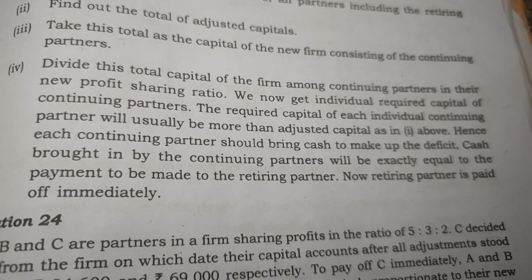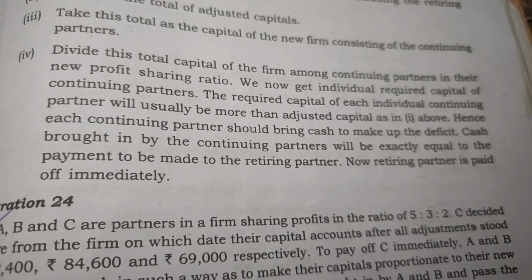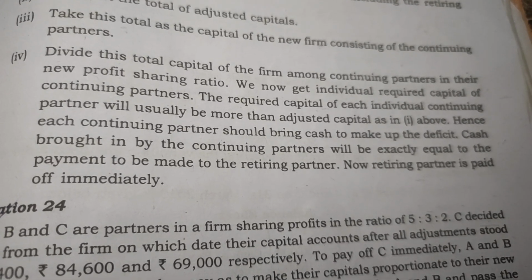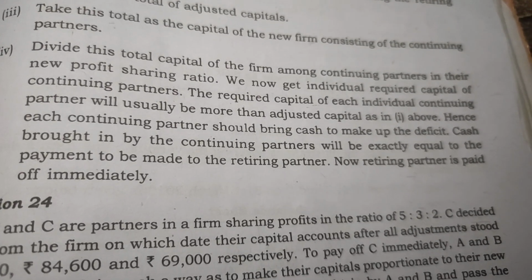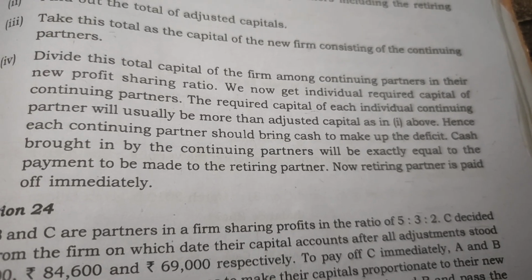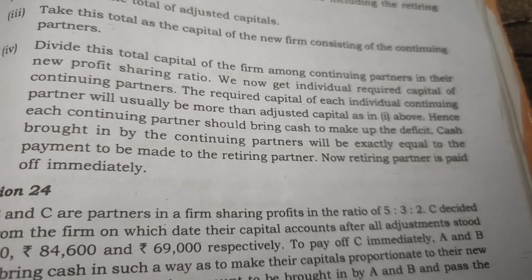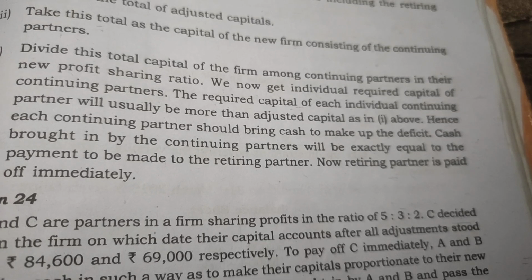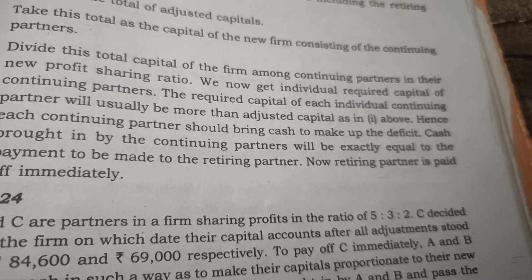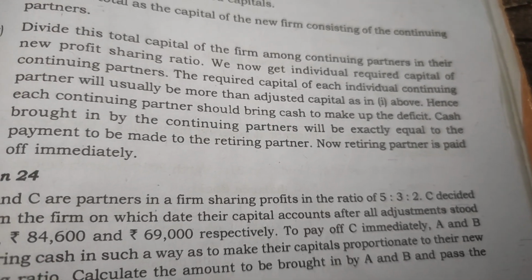The required capital of each individual continuing partner will usually be more than the adjusted capital, as we have already stated in the first step. Hence, each continuing partner should bring in cash to make up the deficit.